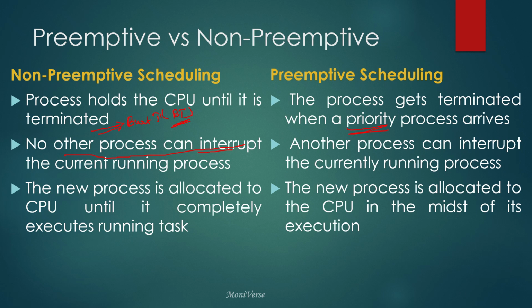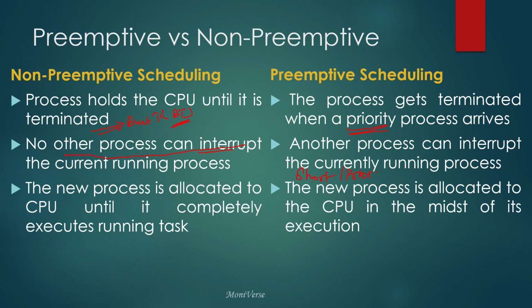Okay. So here, obviously, other processes which are having higher priority or which are having the shortest job, or considering the priority, the process running in the processor can be interrupted. Interrupted means it will be stopped from the execution and it will be brought back to the ready queue, right?